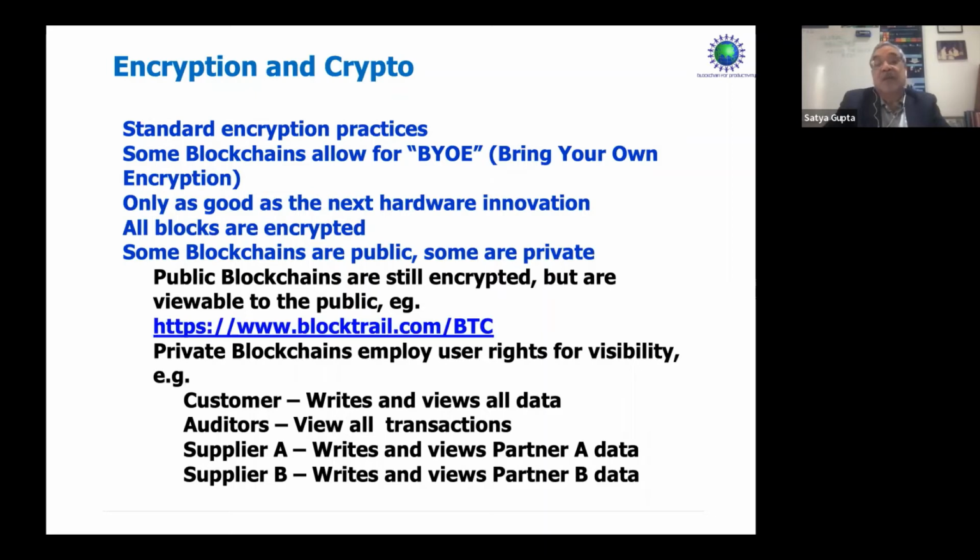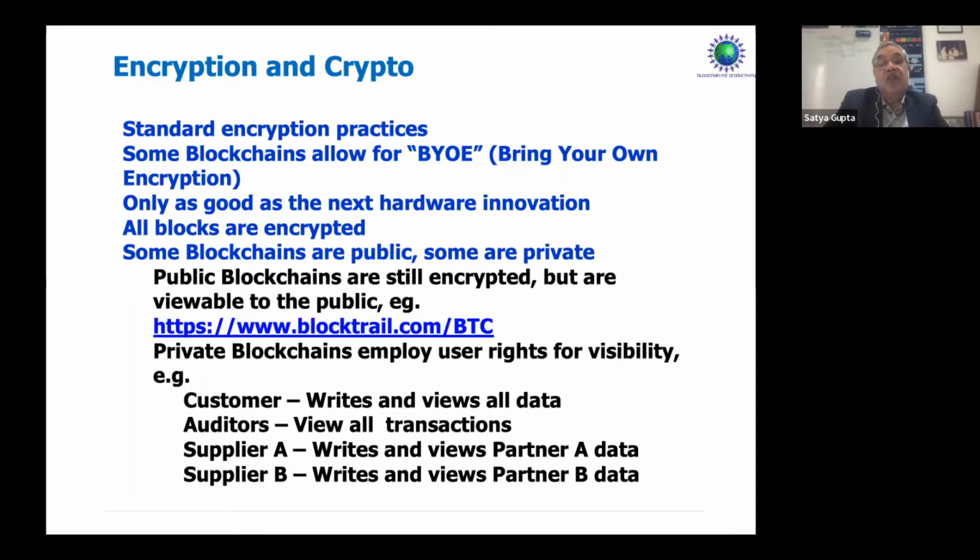Some blockchains are public and some are private. We'll be coming to that. Public blockchains are still encrypted, though they are public. That means data is accessible to everyone, but not everyone can make out what it is because they need keys, public key and private key.